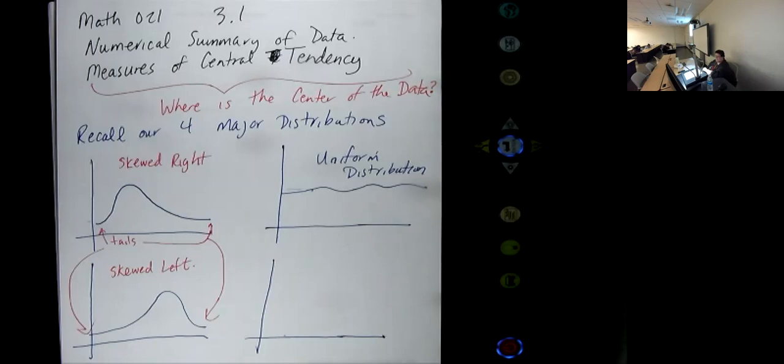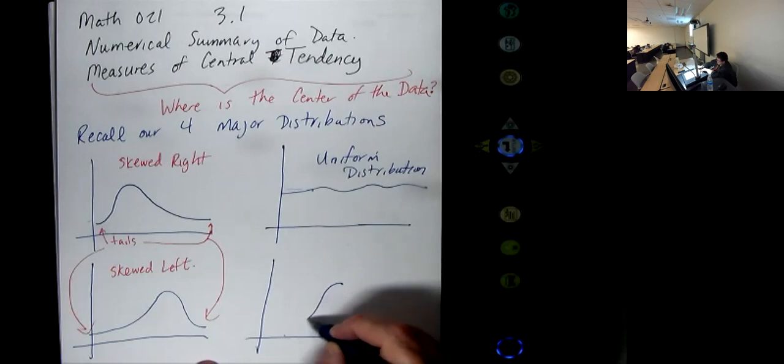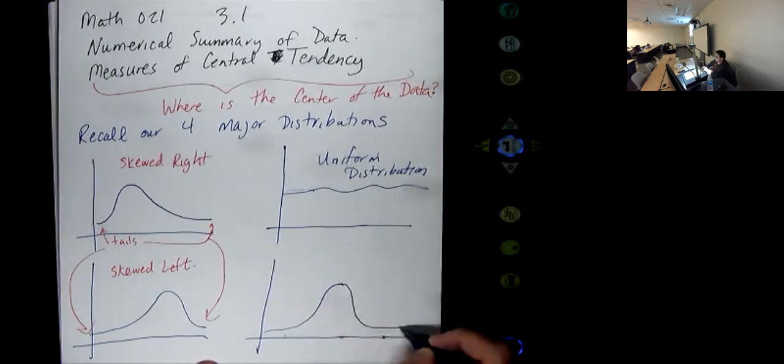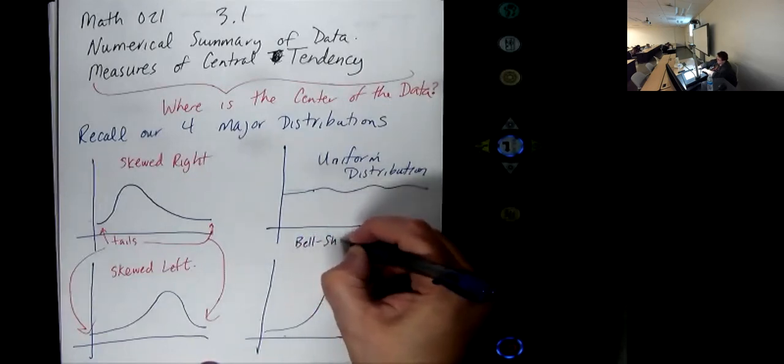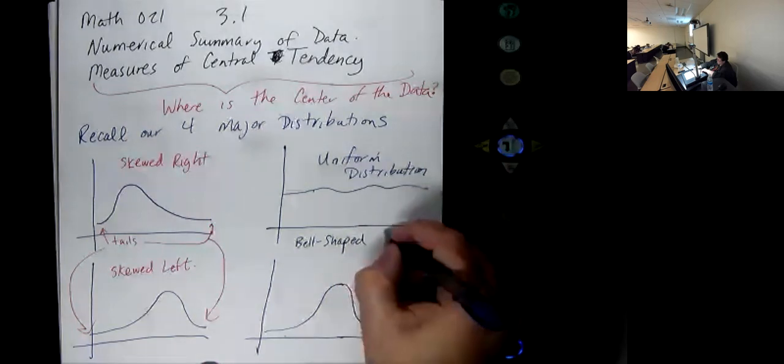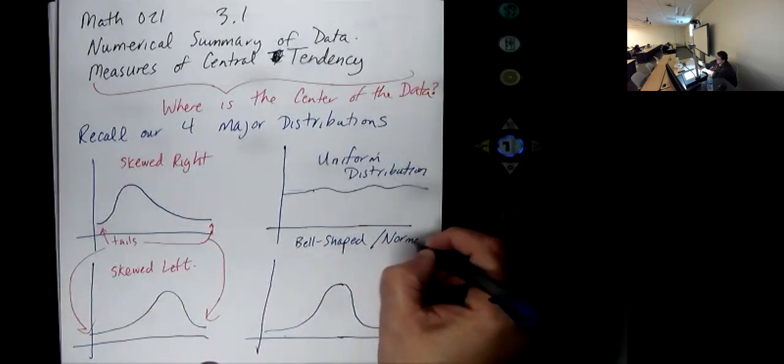It's a lame graph. And then we have the graph where both tails are about the same length. And we call this the bell-shaped distribution. And it's also known as the normal distribution.